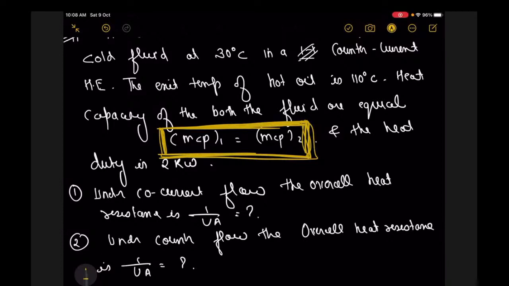So we have seen in the previous class that when MCP1 is equals to MCP2, here in counter current delta T1 is equals to delta T2. So you have to calculate that temperature by using that concept.